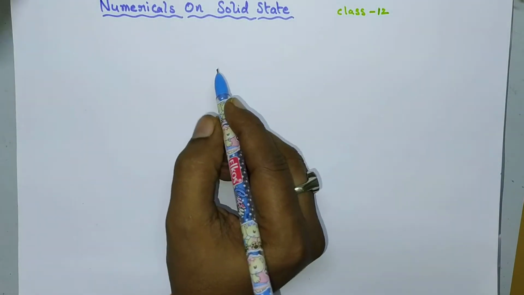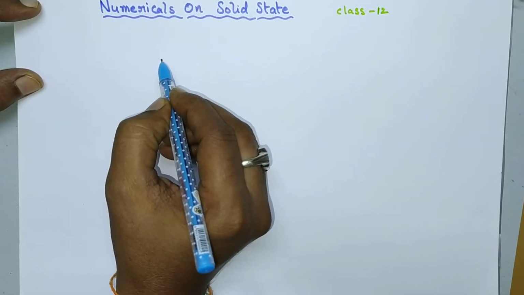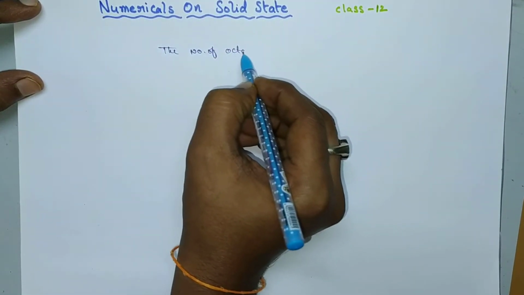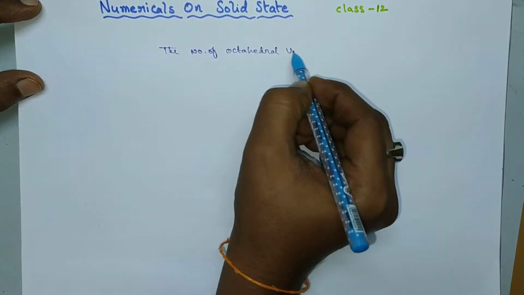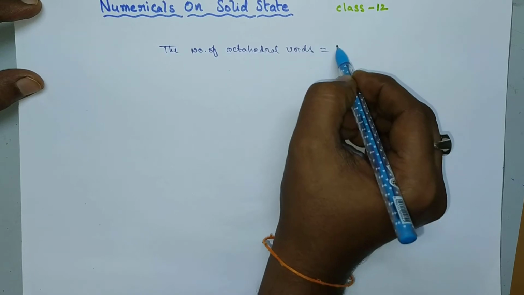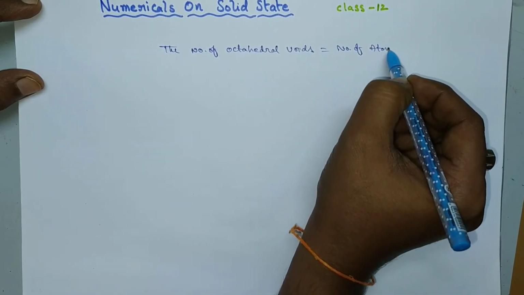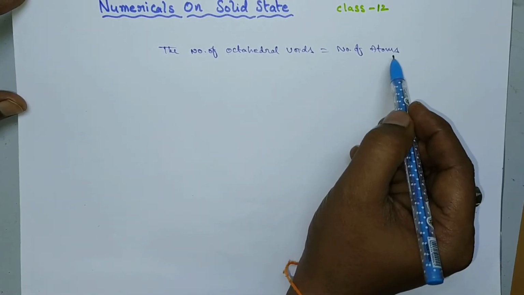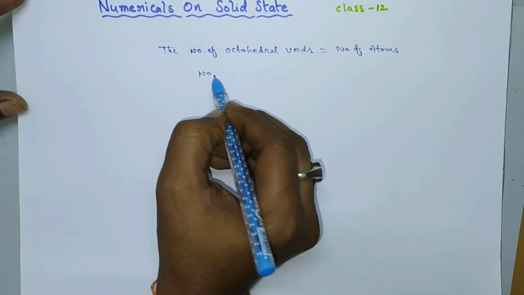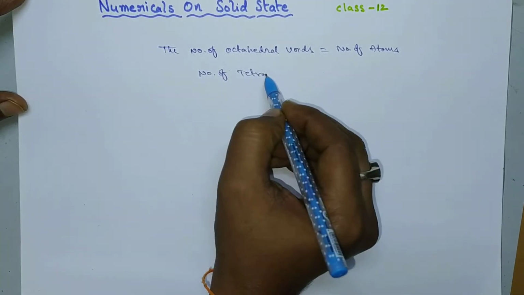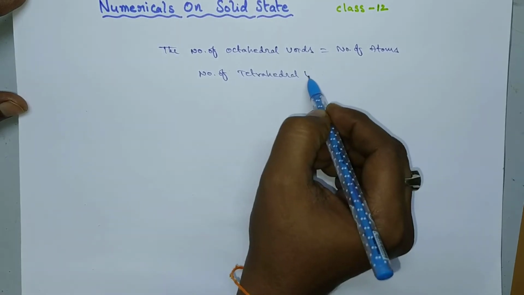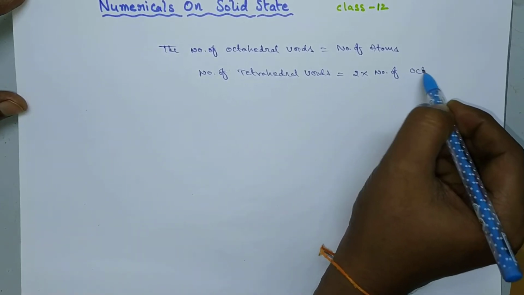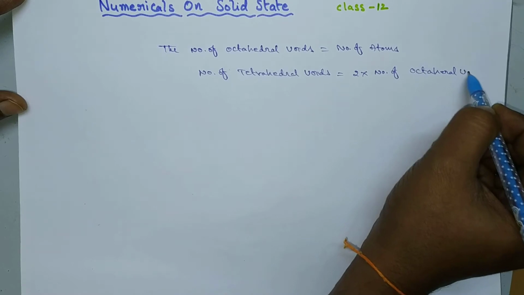In any compound, the number of octahedral voids is equal to the number of atoms, and the number of tetrahedral voids is equal to 2 into the number of octahedral voids.